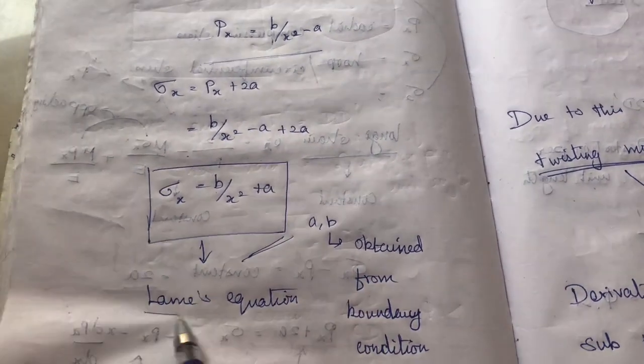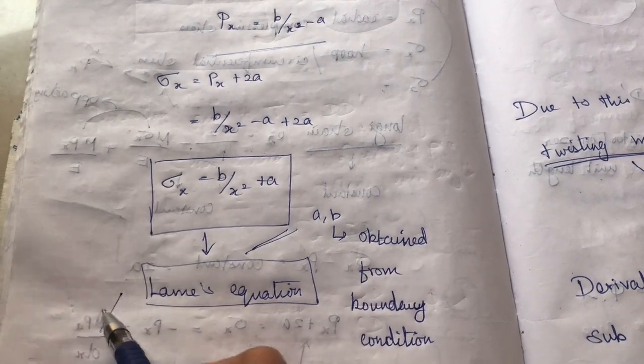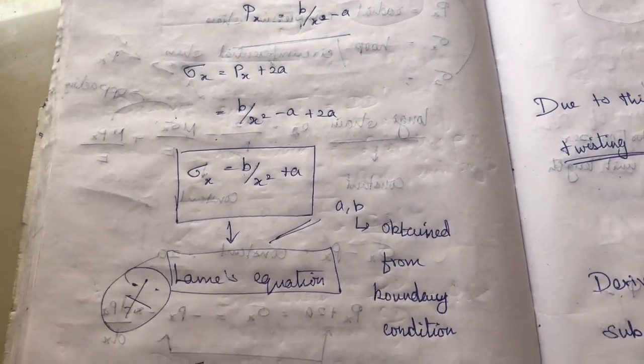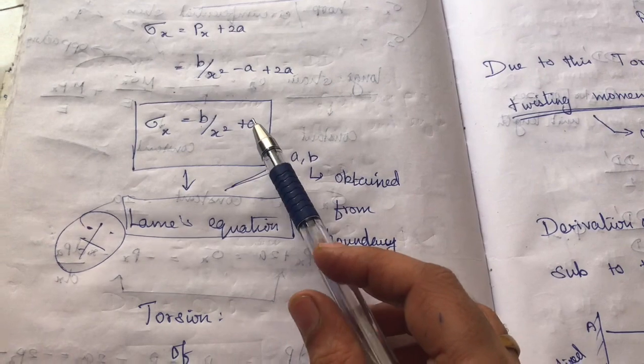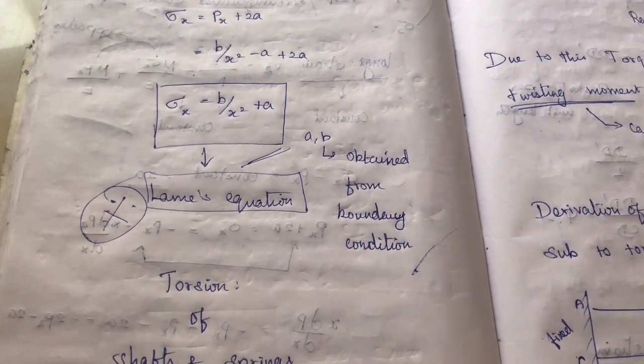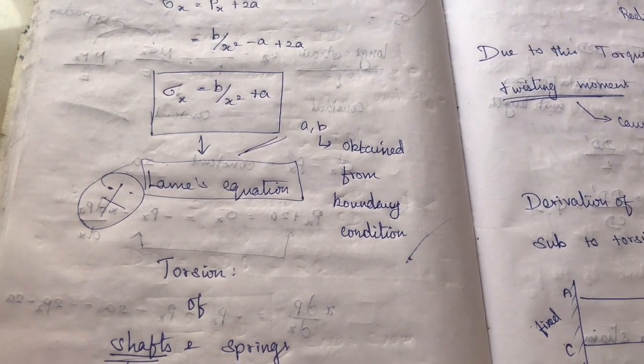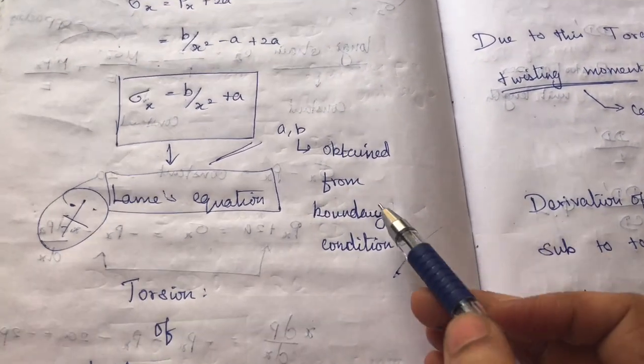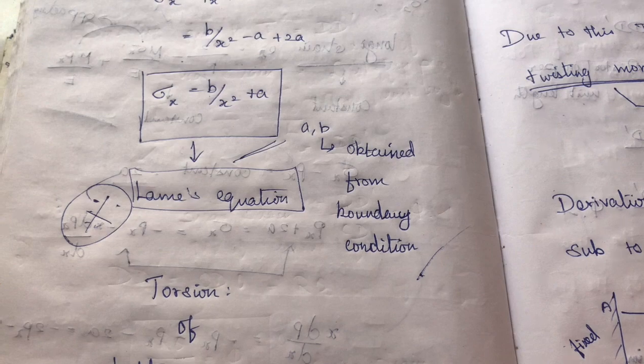This is nothing but the Lame's equation. So these are the important equations, do remember that. And in this equation a, b are calculated by boundary conditions, like at x is 0, at x is L. So by using those boundary conditions you will easily find a, b.